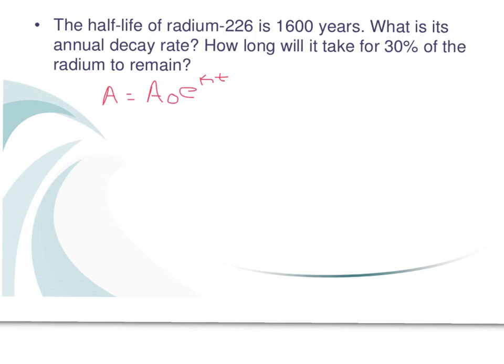So let's start substituting. I know that it's telling me I'm going to end up with half of my original, e to the power of k times t, our time in years in this case is 1,600.